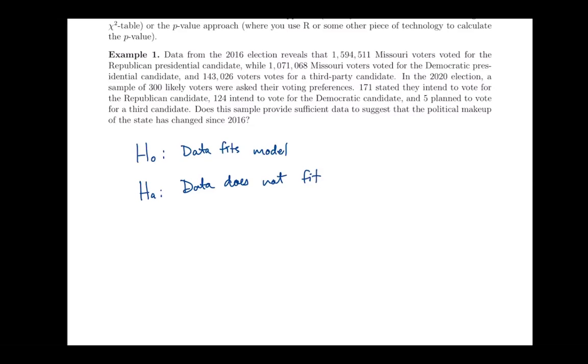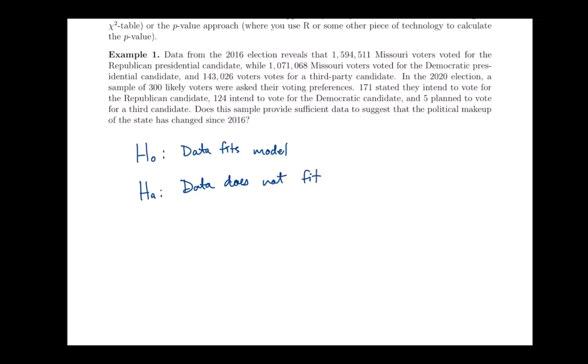And what I want to do with that is make predictions. So I'm going to look at the relative frequency of each of these. I'm going to take each of those numbers and divide by the total number of voters that voted in the 2016 presidential election. That gives us our relative frequencies.